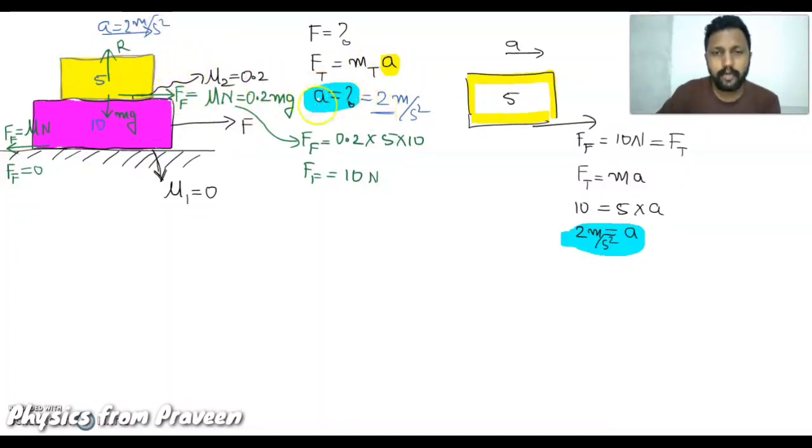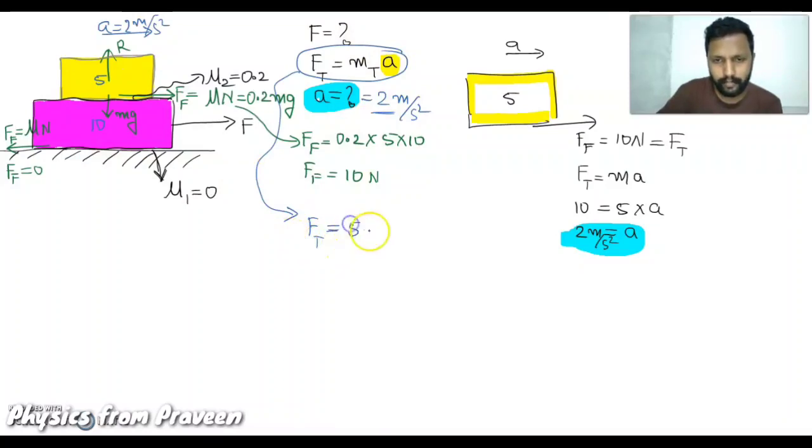Since we know the common acceleration, we can use this formula to find the total force. The total force on the system should be total mass into acceleration. What's the total mass of the system? It is 5 plus 10, into the acceleration 2.